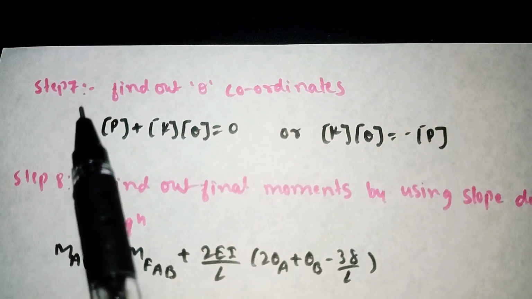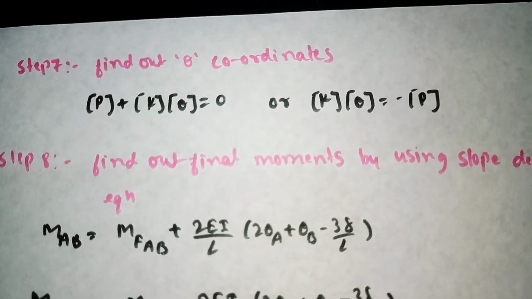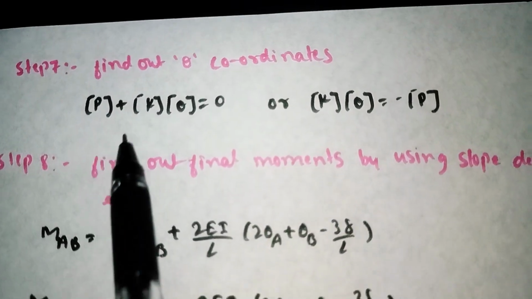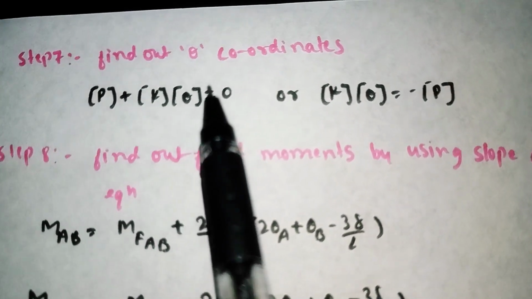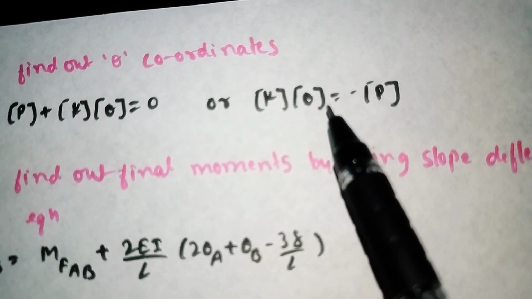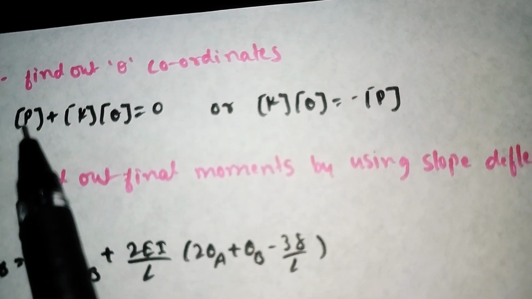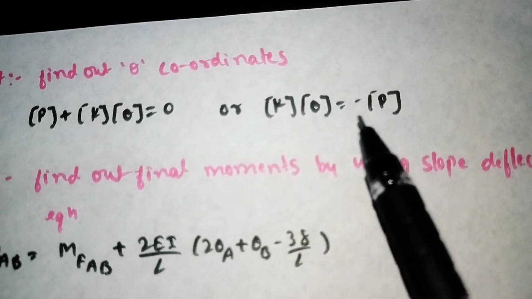Step number 7 is to find the theta coordinates. We find the theta coordinates by using this equation: P matrix plus K matrix into theta matrix is equal to 0, or K matrix into theta matrix is equal to minus P, as I have taken P to the right side. So substitute all the values.